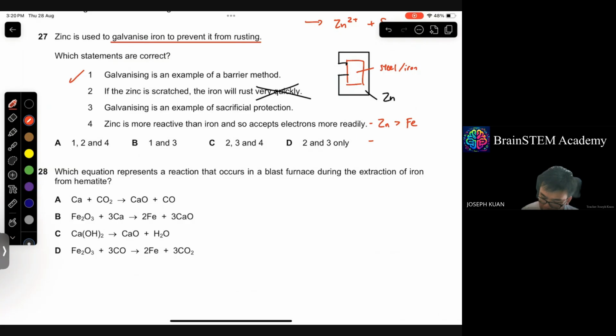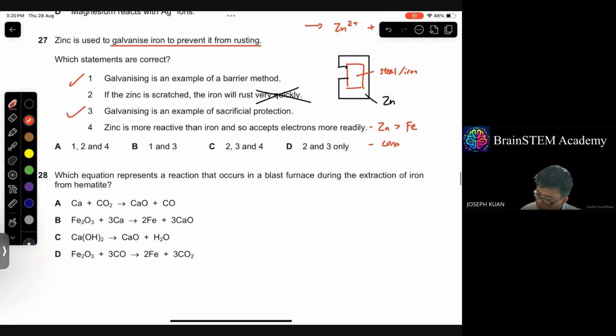That is, it will corrode in preference to iron. It will basically sacrifice itself to protect the iron from rusting. So it will still somewhat protect the iron from rusting, even when the iron is exposed to the water and oxygen from the outside.